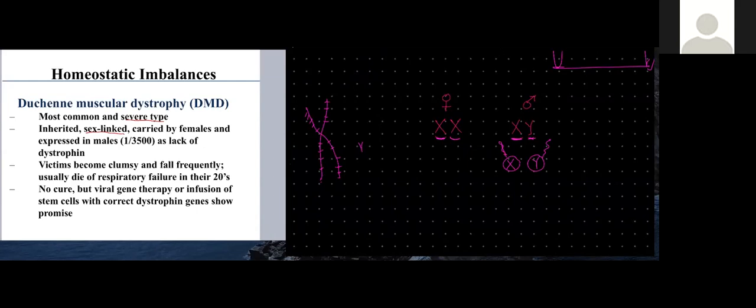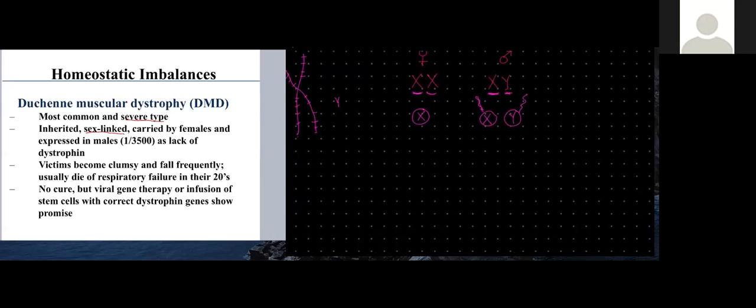All females will be producing eggs that only contain X chromosome. So the next population, they have a 50-50 chance of either getting a female or getting a male.